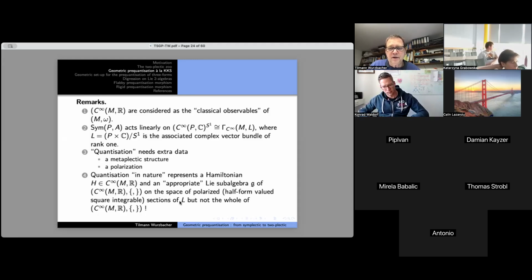It might also be that H is what is called a collective Hamiltonian, so it factorizes over the moment or co-moment map of the subalgebra, but it does not necessarily commute with everything. And they have this Hamiltonian, they have this interesting, important Lie subalgebra, and they want to represent this on the quantizing space, on the linear quantizing space, which is the space of polarized square integrable sections of L.